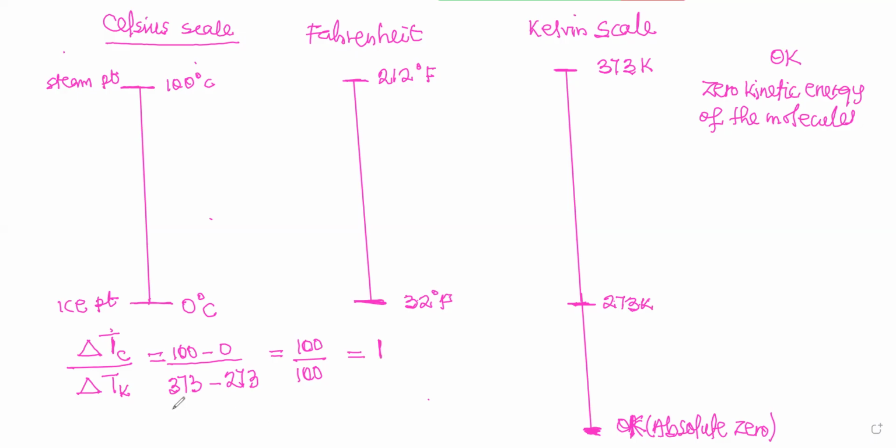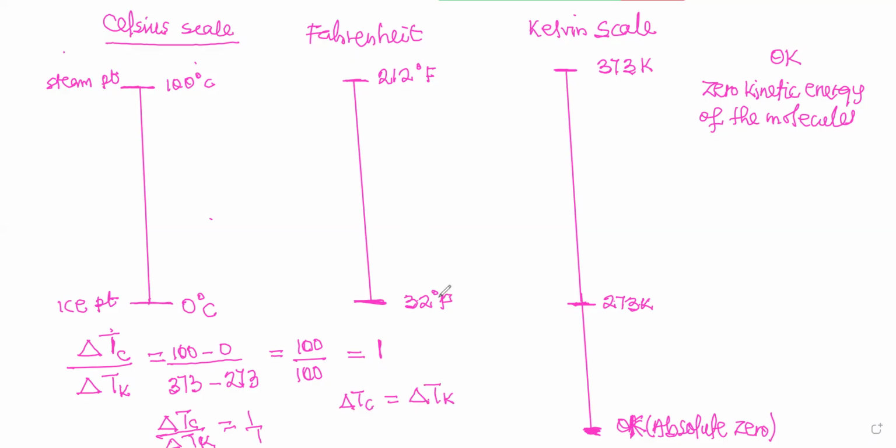What it means is that for change in temperature on the Celsius and on the Kelvin scale, the ratio is 1:1. Simply, delta TC is equal to delta TK.